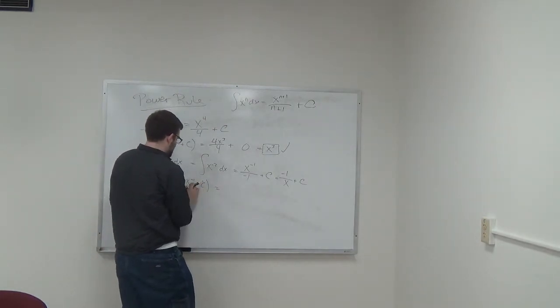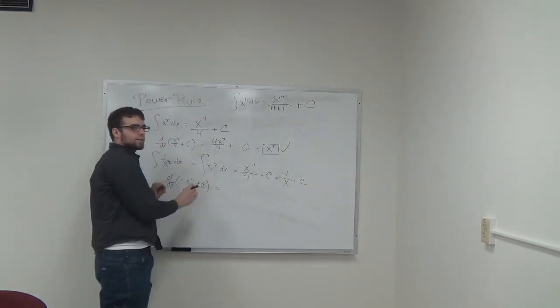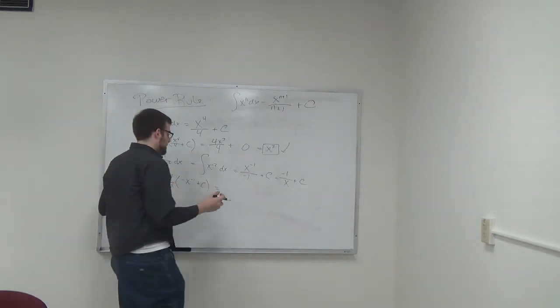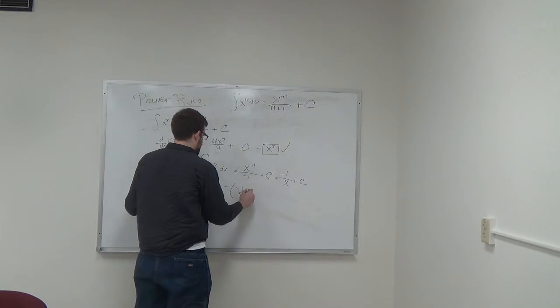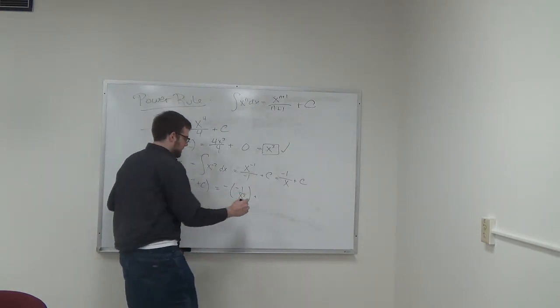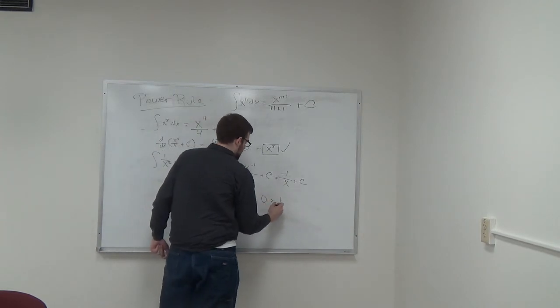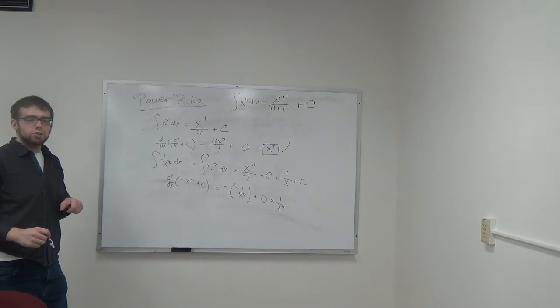So let's just do the derivative of x to the minus 1. The derivative of x to the minus 1 is minus x to the minus 2. It's negative x to the minus 2. So we have negative 1 over x squared plus the derivative of a constant, once again, is 0. So we have 1 over x squared, which matches.